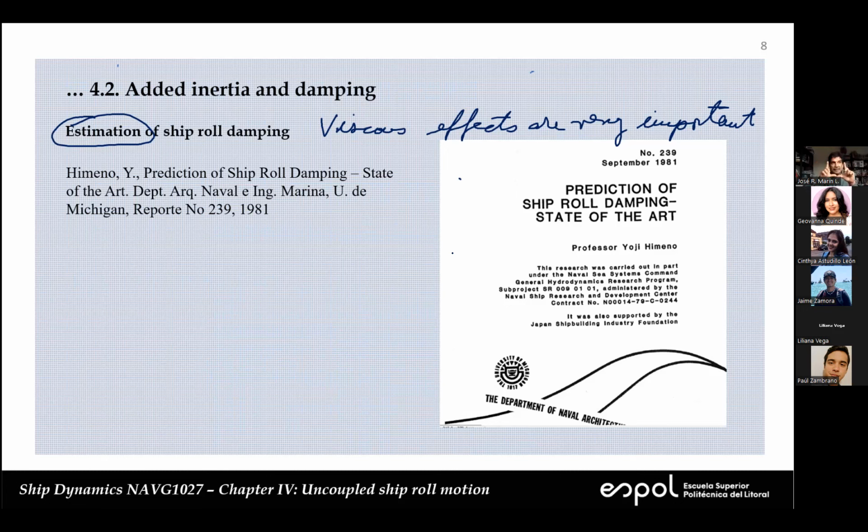So linearly, there will be just this. But if there is some relationship between the frequency with which you receive the waves and the frequency of roll, even if you receive waves in this direction, you can start rolling. That's what we call the parametric excitation.